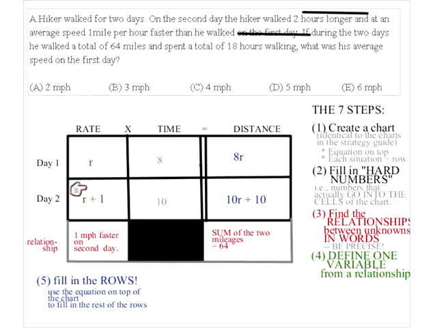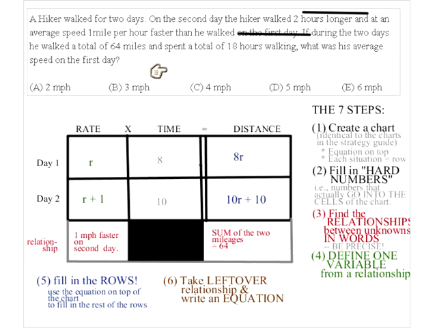This times this is this, and that times that is that. Then, this is why we list the relationships, because once you have those relationships, you should take the leftover relationship and write an equation. That's the beauty of it.